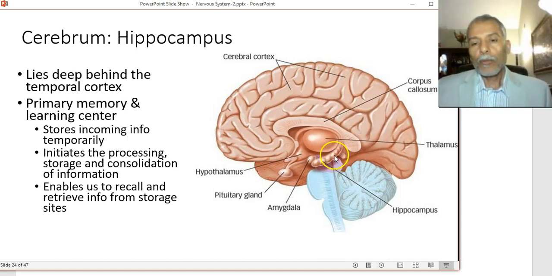As the information comes into the hippocampus, it gets sorted out and connected with the site in the cortex where it is going to be stored. It also communicates with the prefrontal cortex, and helps the storage and imprinting of the new information that you learn in the special areas along the cortex.